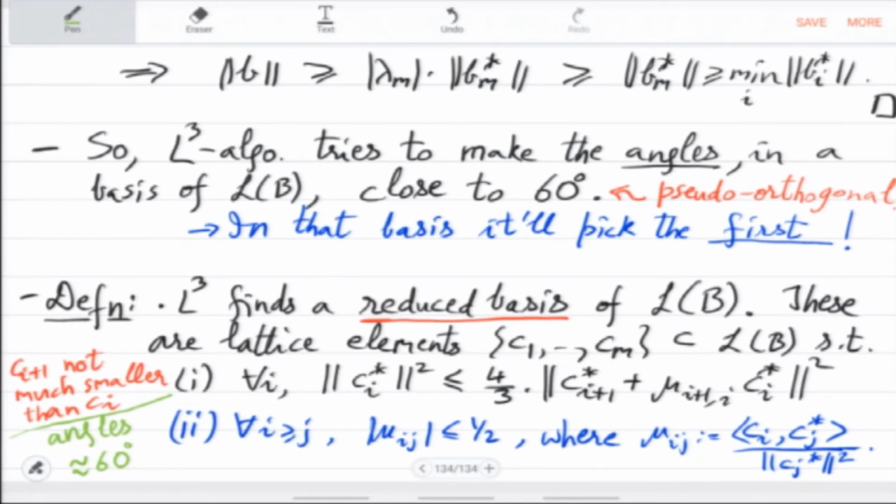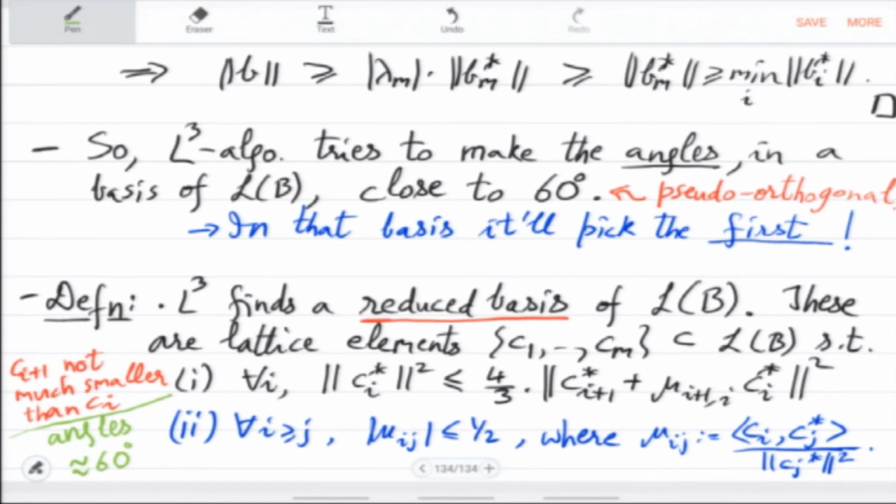So in a lattice, can you find a basis where, in this order, the GSO is such that the Ci plus 1 vector is not much smaller than Ci, so kind of increasing in length, and second, that the angle of Ci plus 1 on the previous subspace is around 60 degrees.